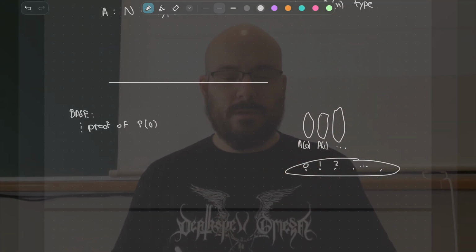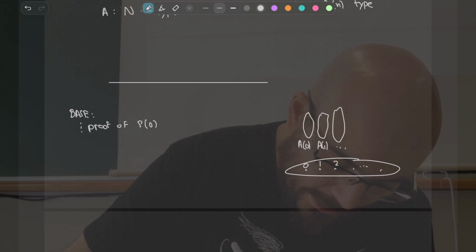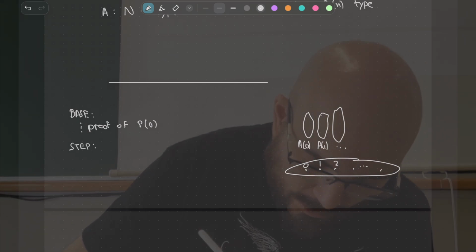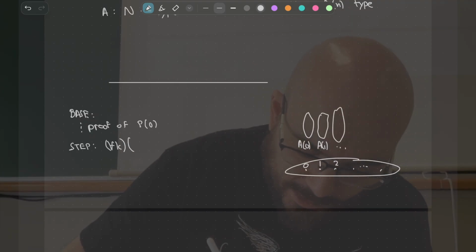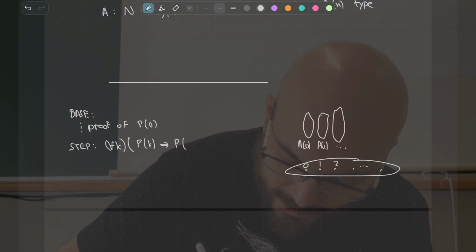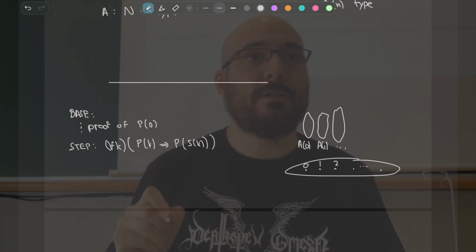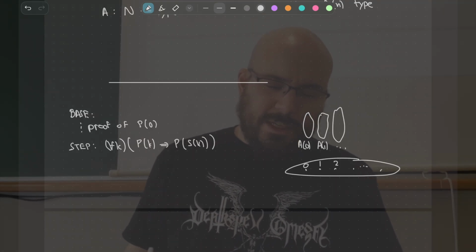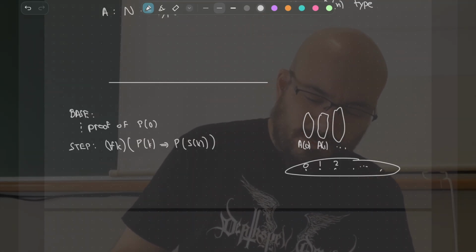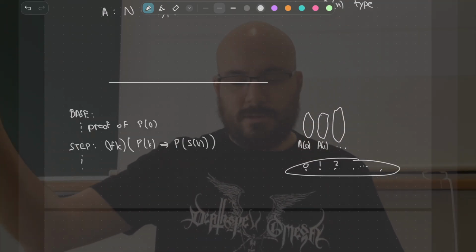Goes here. And then you say I will do the inductive step, which is to show that for each k, if P of k, then P of the successor of k. I'm not doing anything new at the moment. Okay, but so here you need a proof of that.